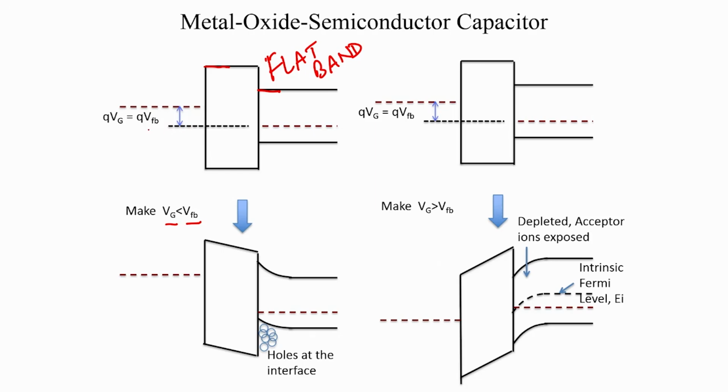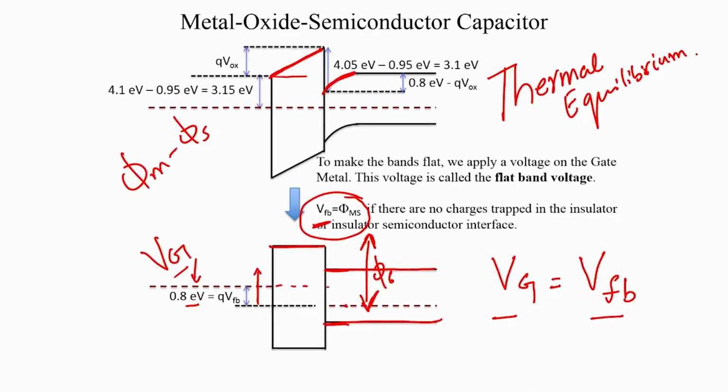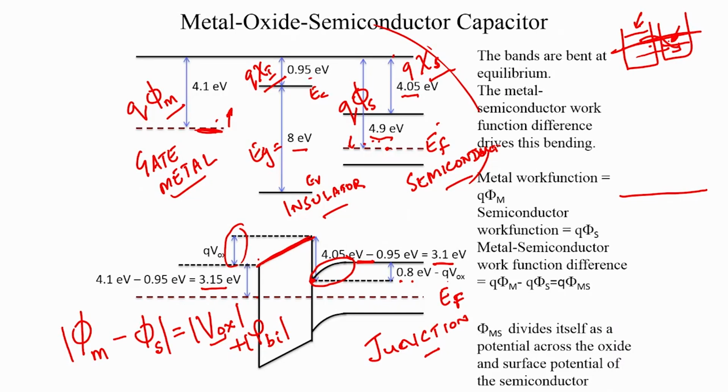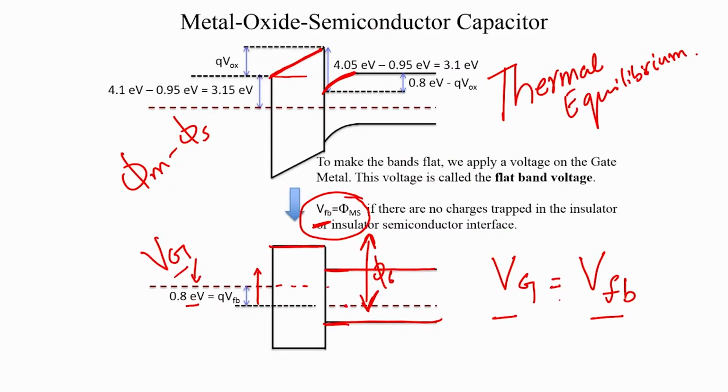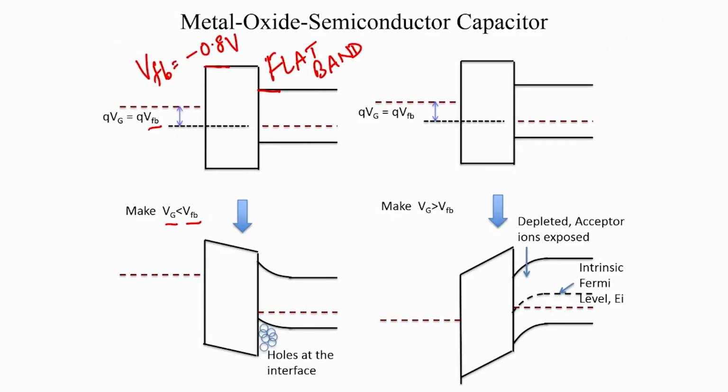Let us say in this case VFB was minus 0.8 volts, because phi_m is 4.1 electron volt, phi_s is 4.9 electron volt, and phi_ms, which is phi_m minus phi_s, is going to be minus 0.8 volts. So, that was our flat band voltage.